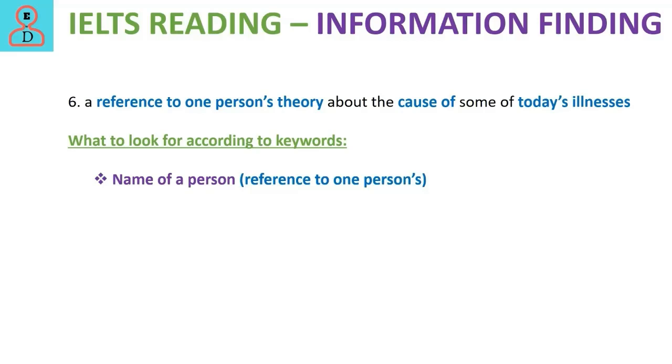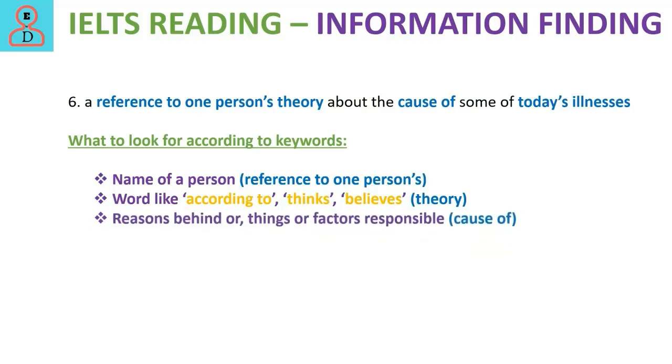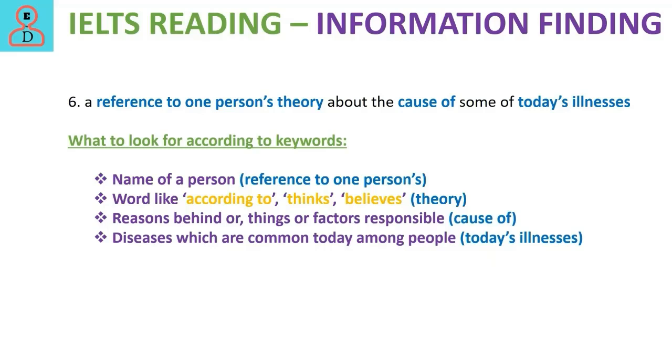Next is the person's theory, which means that in the paragraph there should be words like according to, things or beliefs, because the statement is talking about a person's theory or belief. Now, what is the belief related to? It is related to the reasons or causes behind the illnesses that are common today among humans.